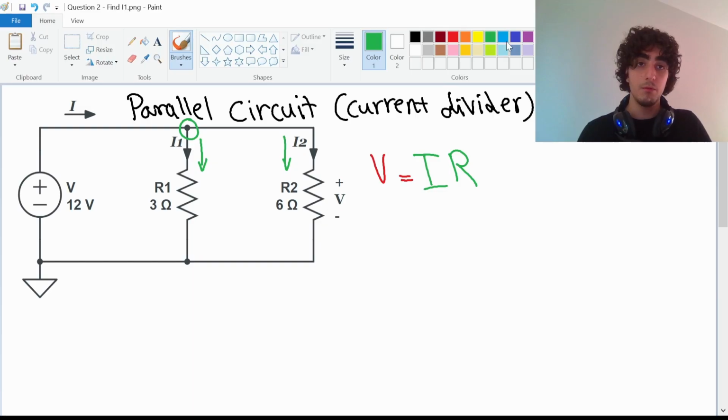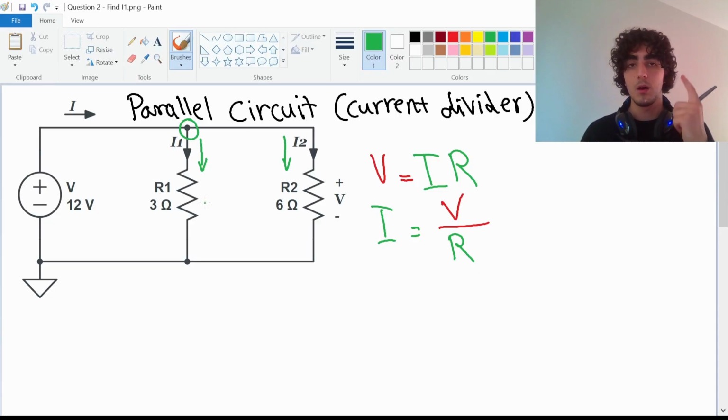We can rewrite this equation as I is equal to V divided by resistance. But this is the total current in a circuit, and we only care about current 1 and then current 2 individually. But we can apply the same exact equation to find them individually as well.